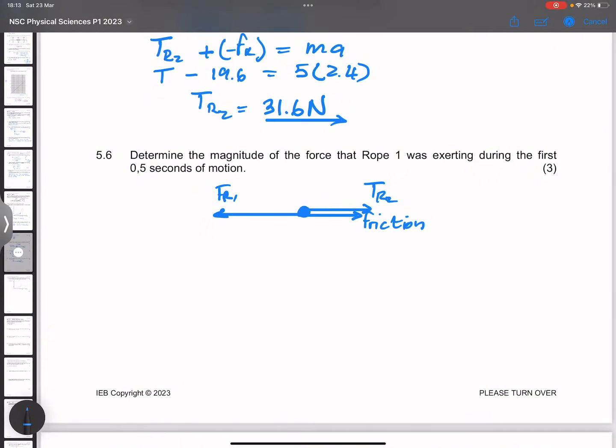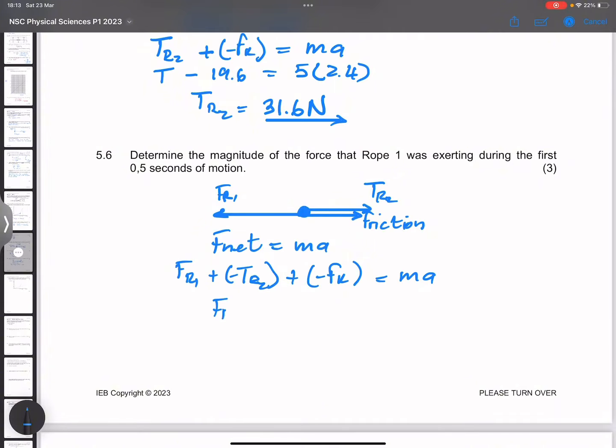So in this case, what we can say is that again F net is equal to MA, and in this case we're looking at block A. So it's going to be the force of rope 1, plus negative tension on rope 2, plus the frictional force, negative friction, and this is MA.